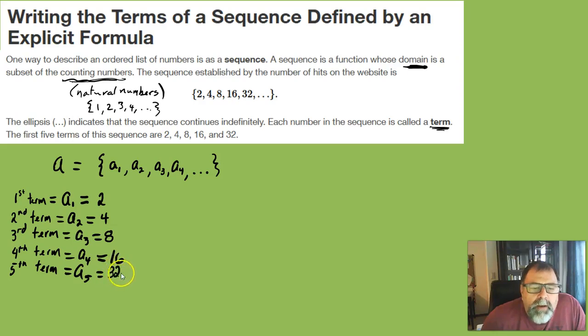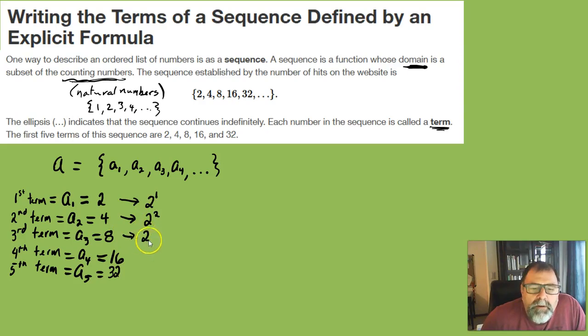Now, if you can figure out an explicit formula, you see this pattern: it's doubling every time. If you're multiplying by 2, multiplying by 2, multiplying by 2, you're going to get powers. 2 times 2 is 4, so that's 2 squared.